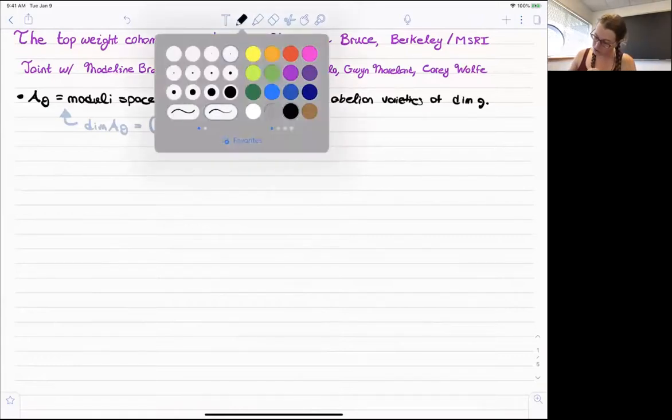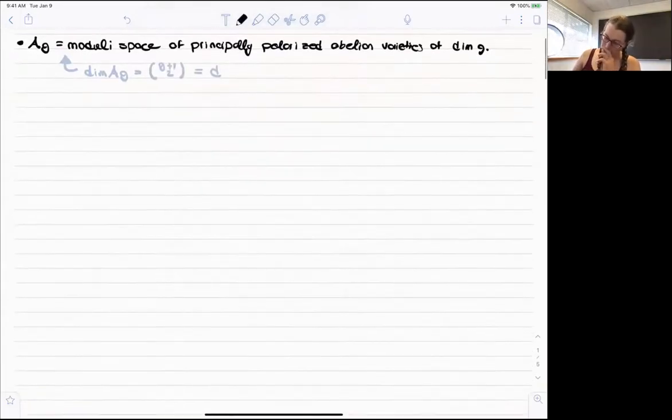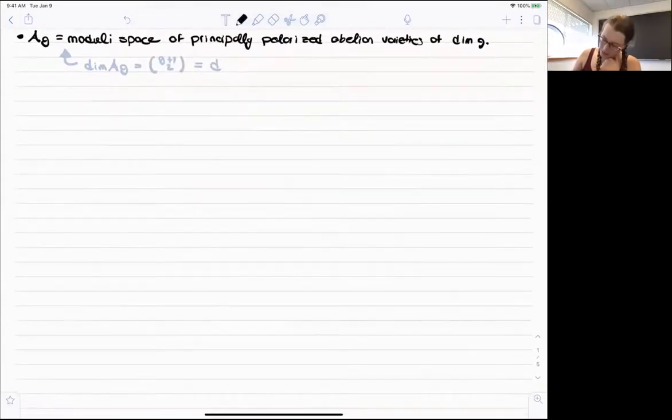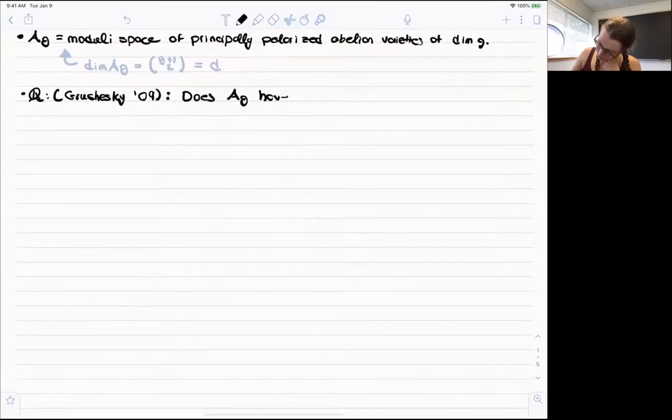And the question that this work all began with, I think in some ways, is a question of Grushevsky from 2009, which asks, does A_g have odd cohomology for some g?